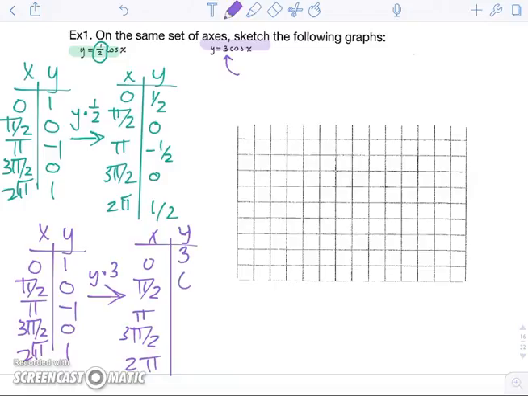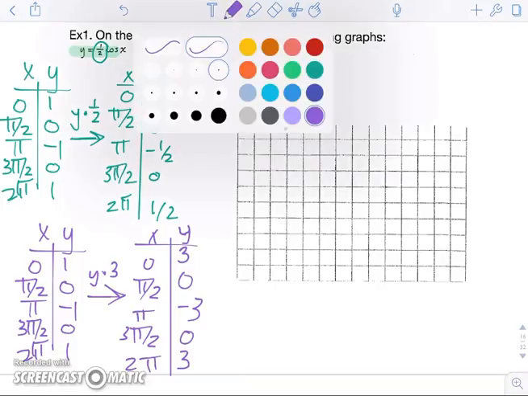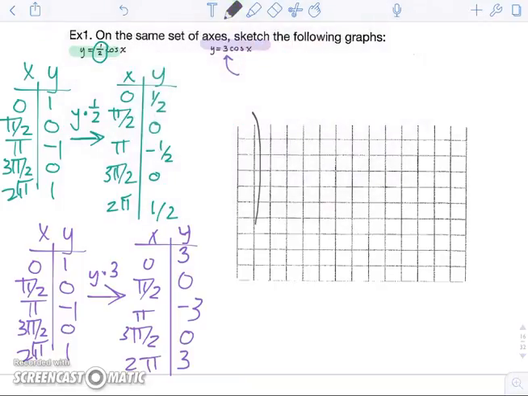And I have 3, 0, -3, 0, 3. All right, onto the graph. I need to make my graph go out to 2 pi. So if I do 3, I can get this will be pi over 2.